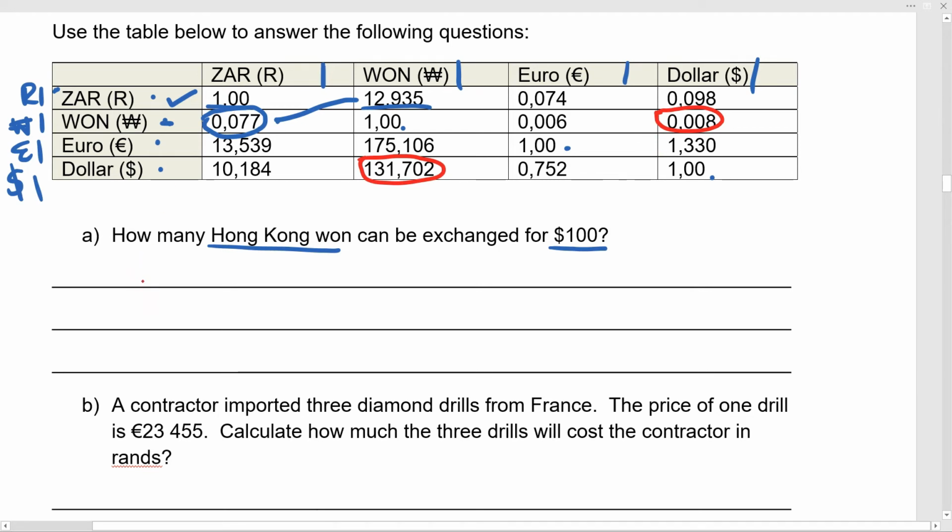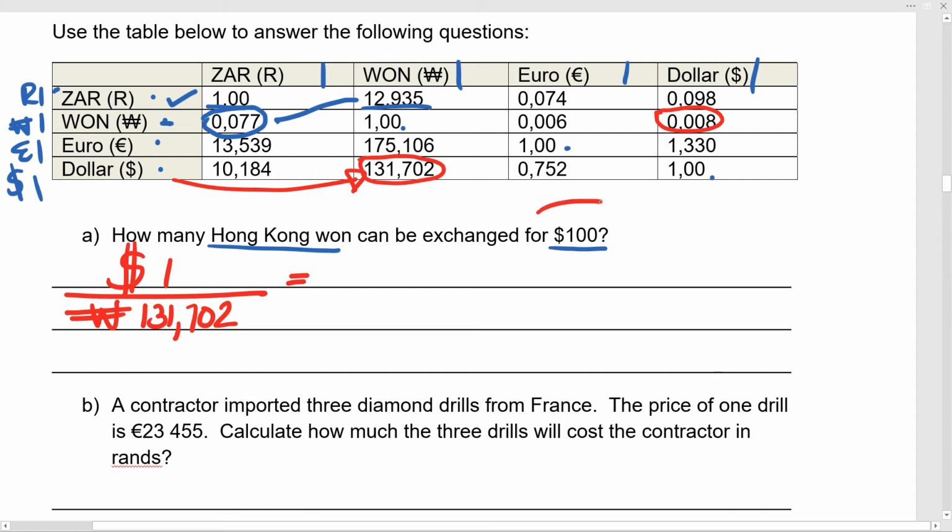Okay, so let's start off by using $1, that gets me 131.7021. Okay, remember this is $1 and then that converts to 131. So I'm going to put my units in. $1 gives me 131.7021, and that is now something I'm going to try to equate.